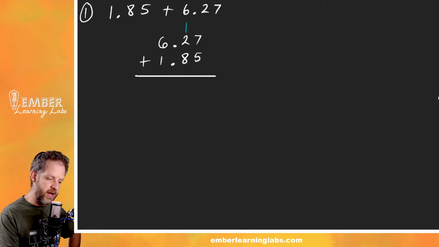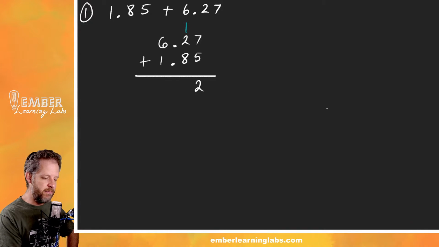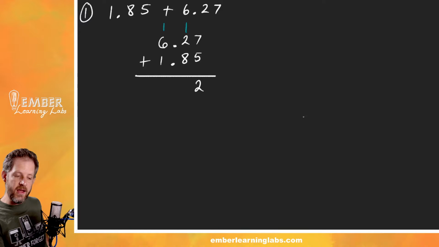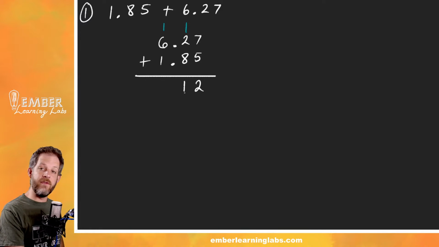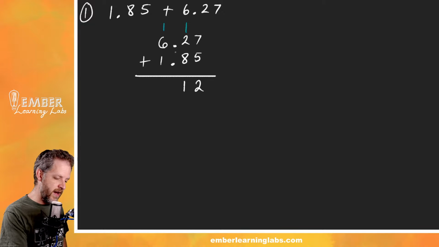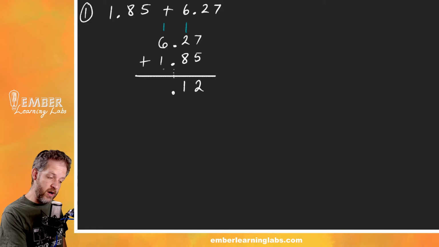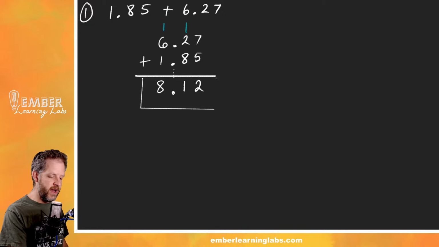We put a 2 down there and carry a 1 up there. 1 plus 2 plus 8 is 11, so we carry the 1 up here and put a 1 down here. For addition and subtraction, we can just bring that decimal place straight down. 1 plus 6 plus 1 is 8. So that is our answer there.